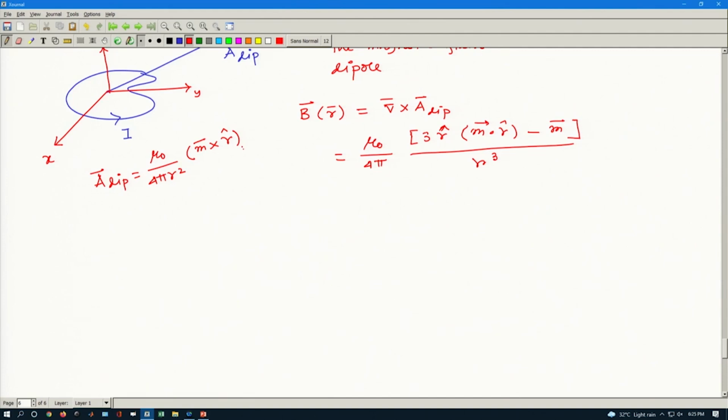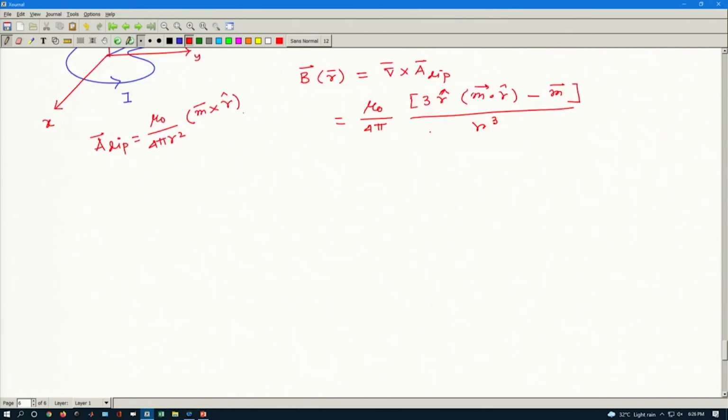Now, if I want to find B, you just need to take the curl of both sides and check whether you are getting this result or not. This is a straightforward exercise, and I hope you can do that.